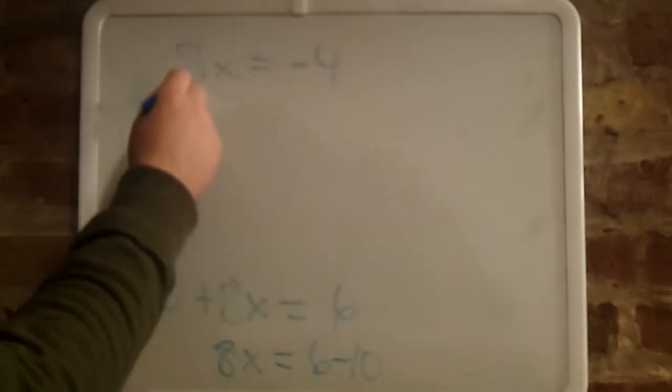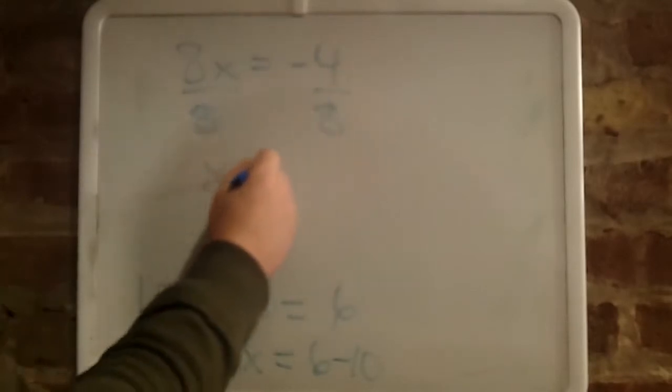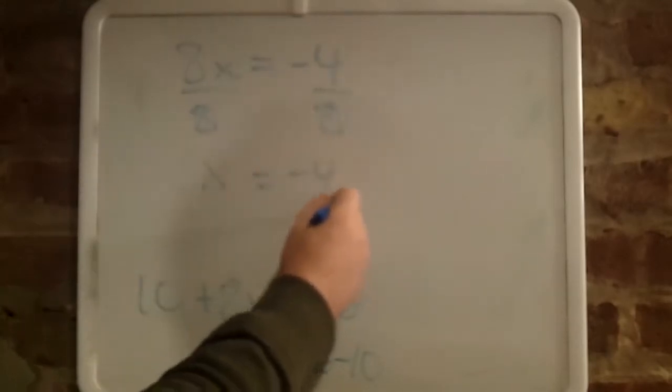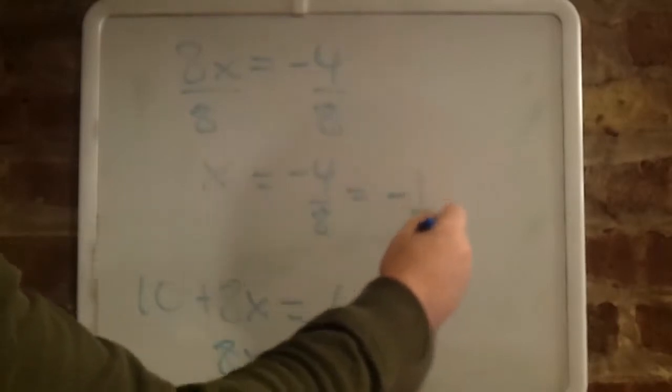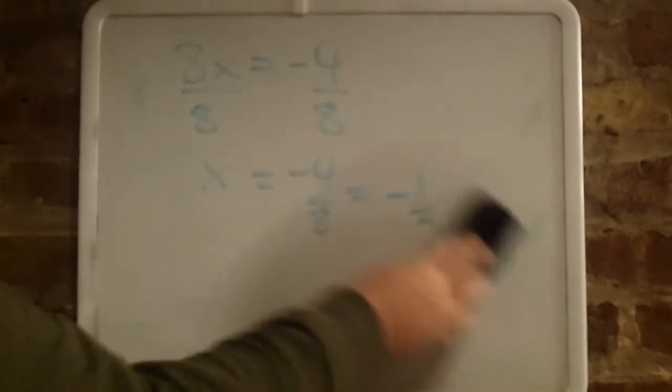Divide both sides by 8. So I get x equals negative 4 over 8, which is the same as negative 1/2 when I reduce fractions. And as algebraic equations get more complicated, it gets harder to get x by itself on the left. But that's always the goal, and there are various tricks you learn throughout algebra to do that.